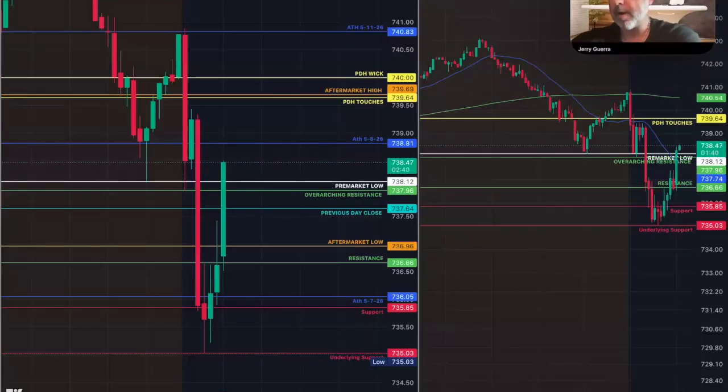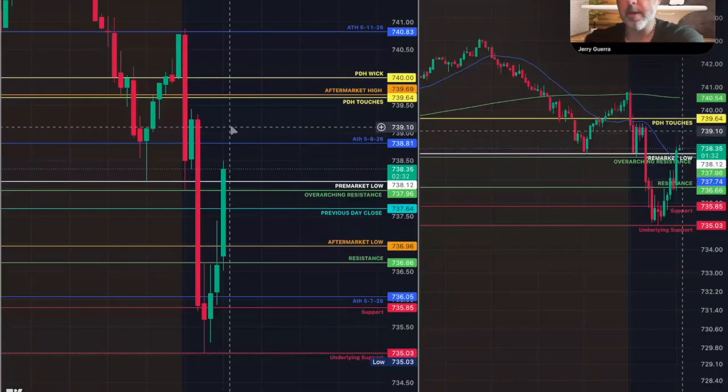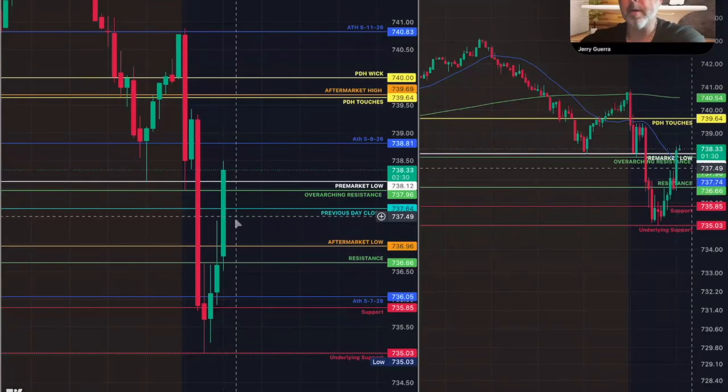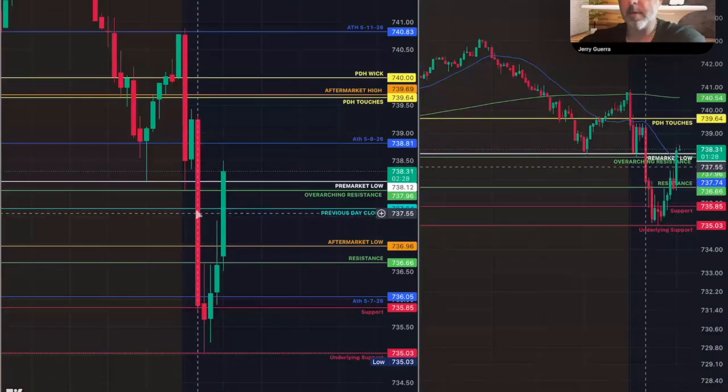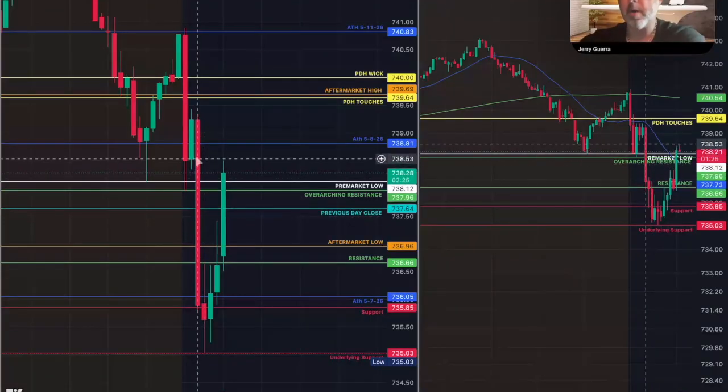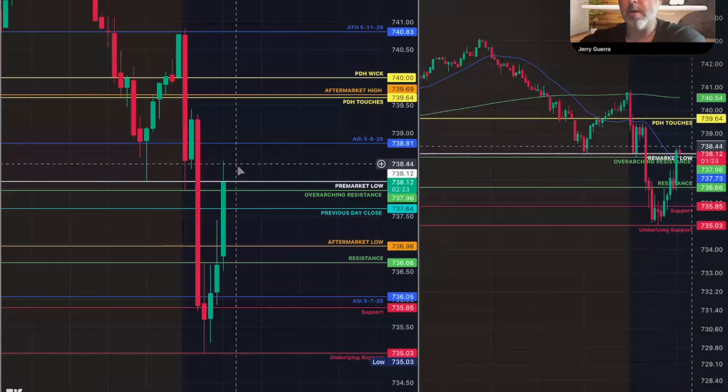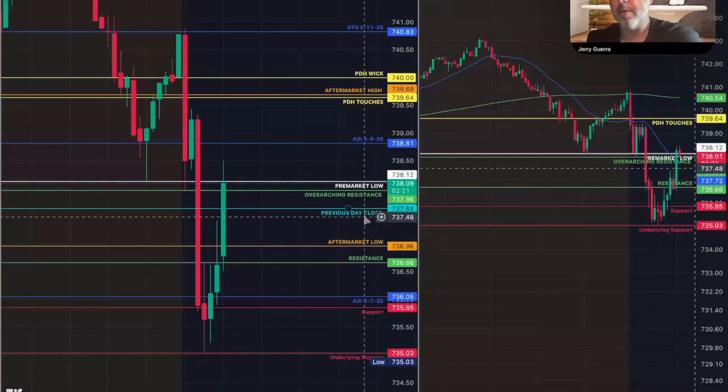Does that mean it will not go for it? Nope. It absolutely could. However, reading this in real time, it looks like it's just wanting the liquidity off of this candle so far. But let's just wait and let it establish and tell us its story.